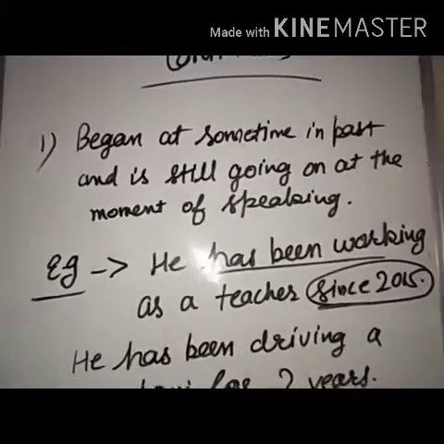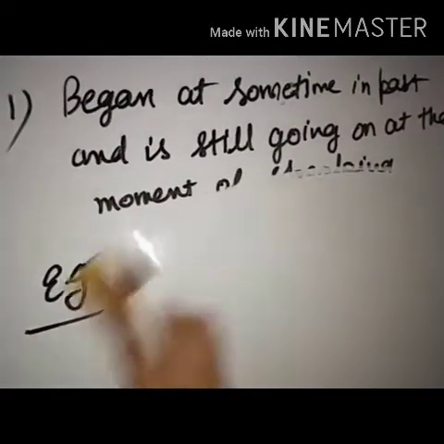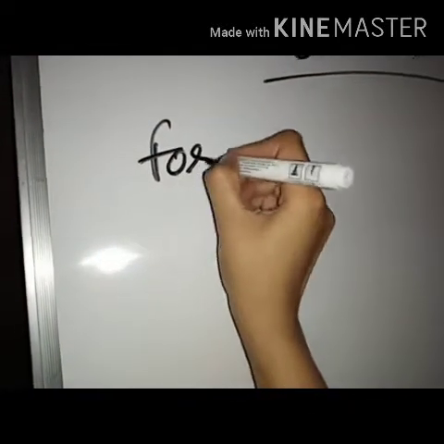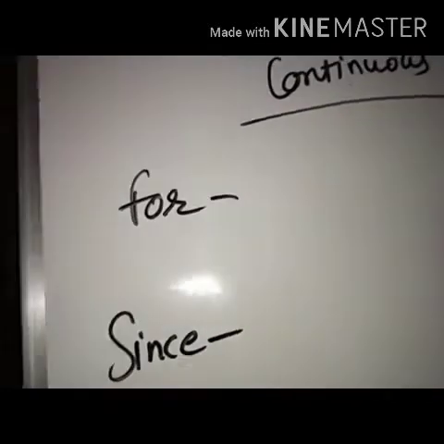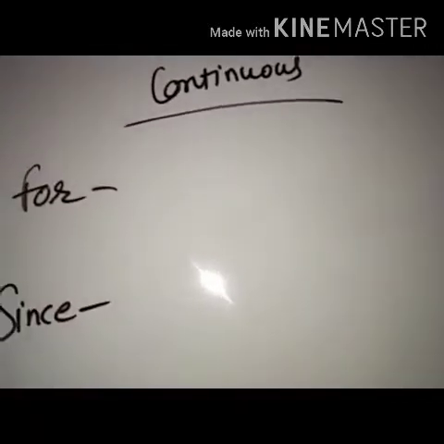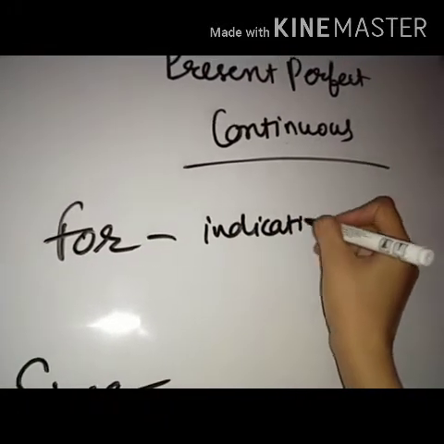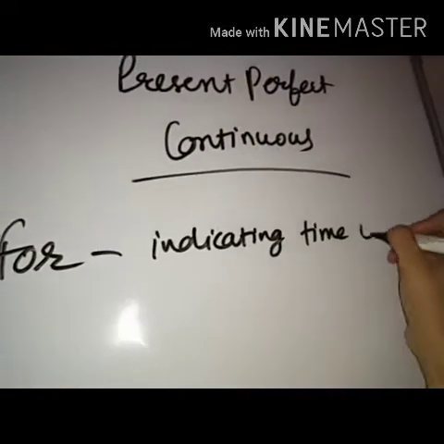When and why we use for and since, let's discuss that also, which is also given in your book. We use for when we are indicating about the time, up to now.